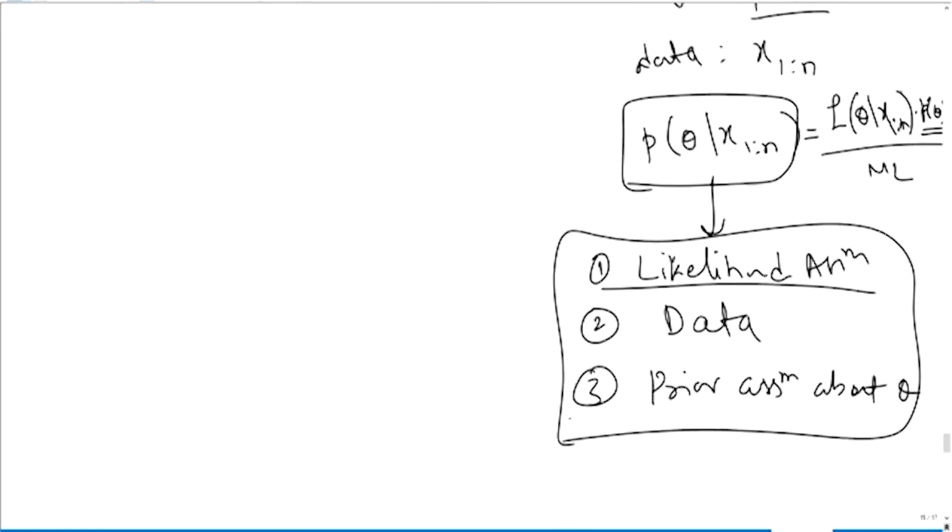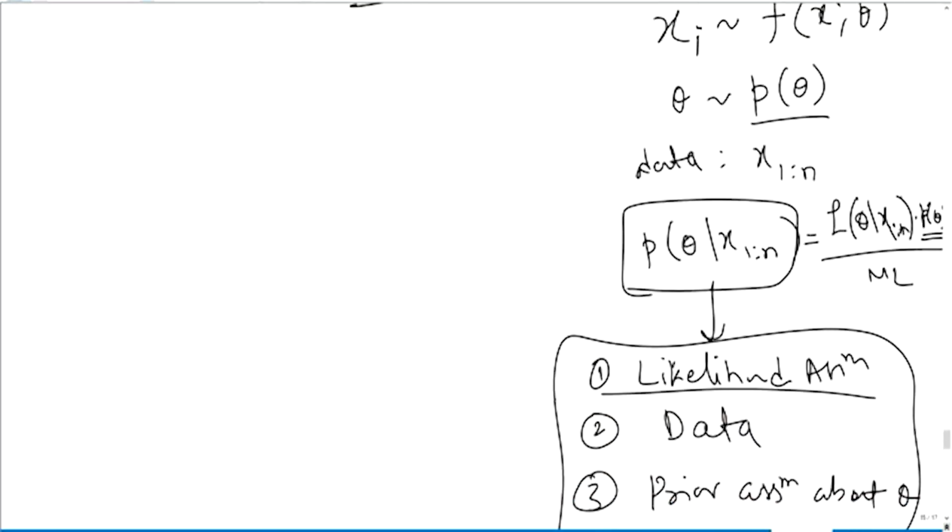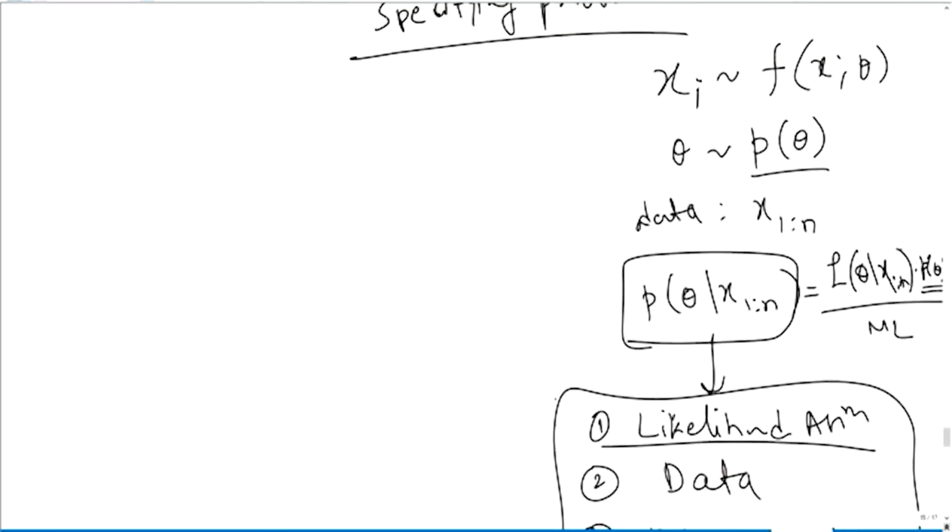The idea people get about prior distributions is that we should have a completely uninformative prior so that it does not affect our inference about the posterior, so that only data is contributing to our inference about the parameter theta.